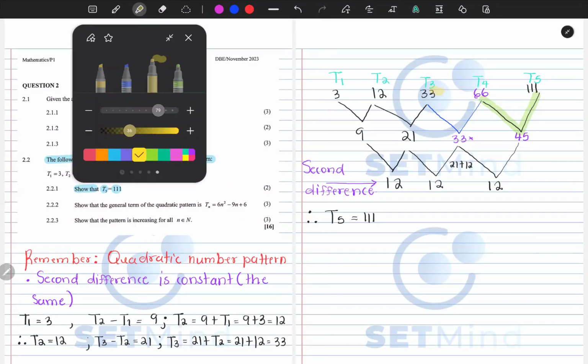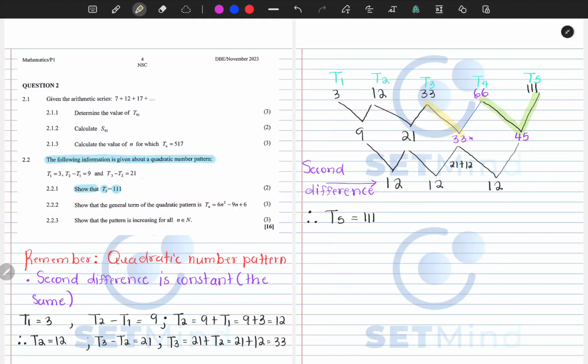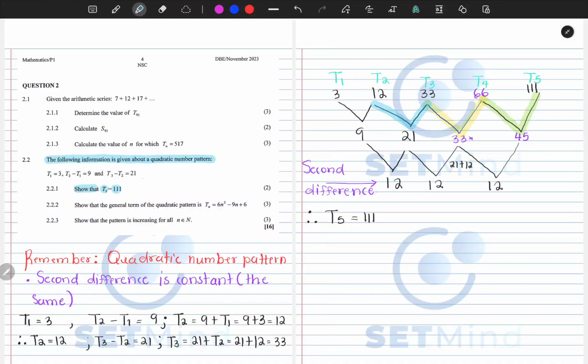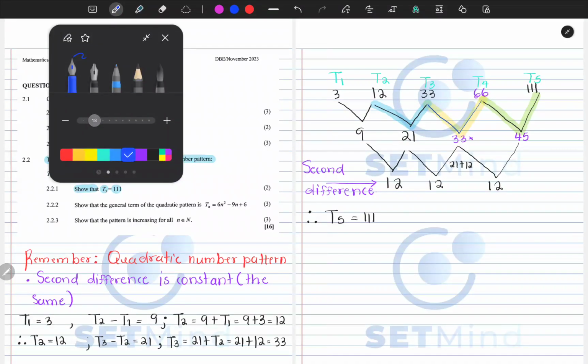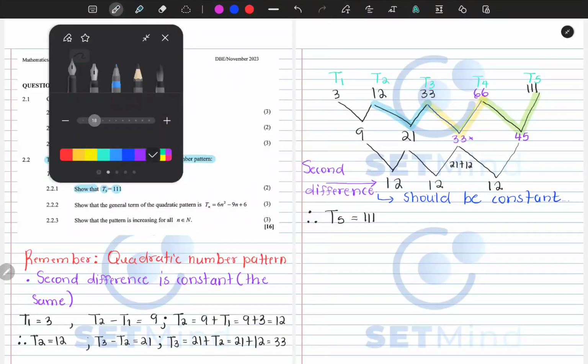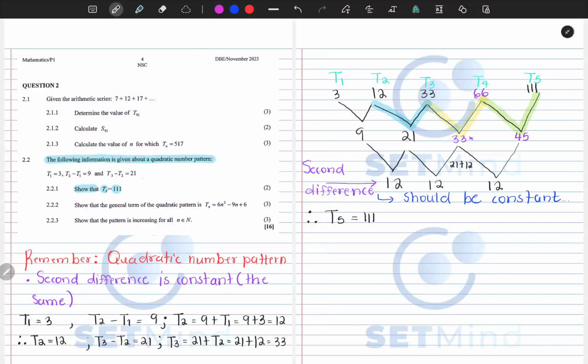For you to find 66, you add 33 with 33. For you to find 33, you add 12 and 21. So that is how we went. And we're using the fact that we know that the second difference should be constant, as I made a note. So that really helped us to be able to find term 5 by just knowing that fact. So with that said, now let's go and have a look at 2.2.